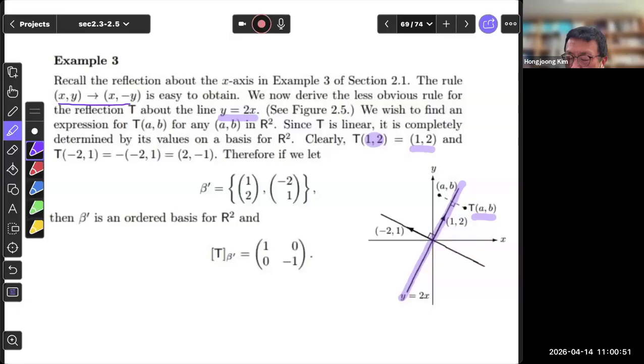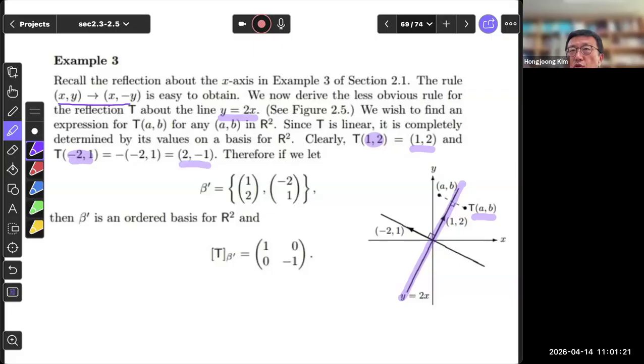Right? Now, if I consider a vector which is orthogonal to this line, like (-2, 1), then we can also find its image, because in that case, the image of (-2, 1) is just a negation of this vector. I can just change the sign of the x coordinate and y coordinate. So the image of that vector is this one.